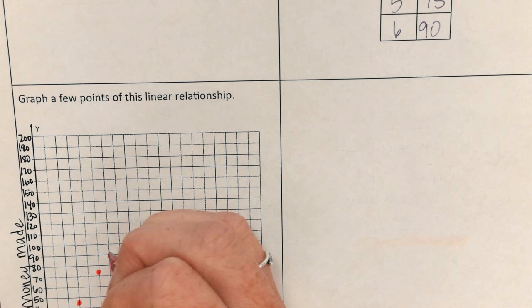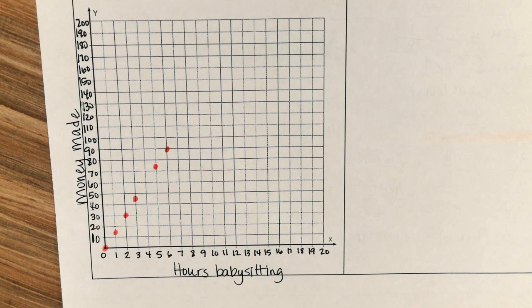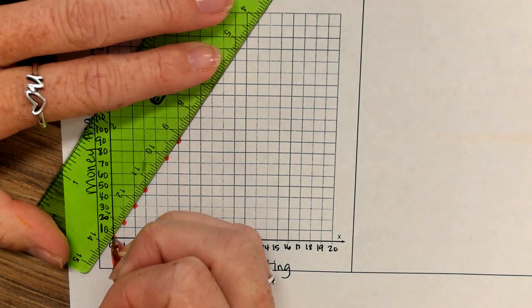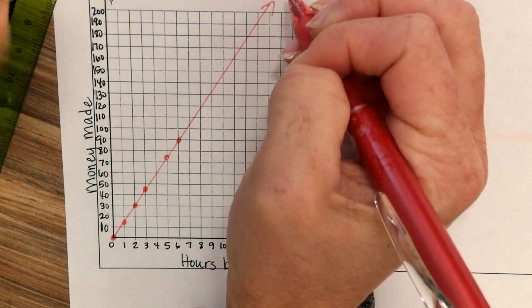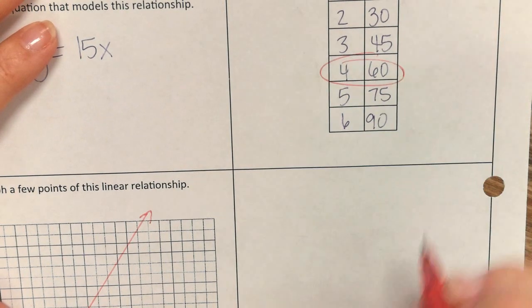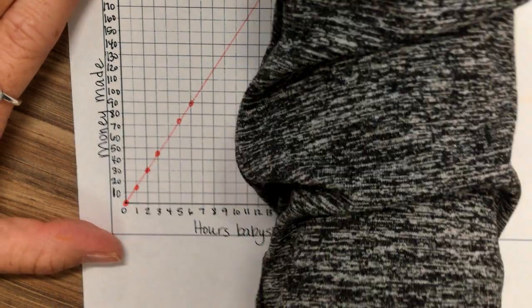I'm going to show y'all why we skipped graphing that dot, so that y'all can understand it's going to be on the line. If I take a straight edge and I connect these dots, what dot did we skip? 4, 60? Everybody look at my graph.